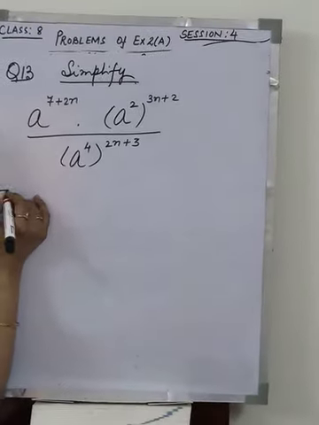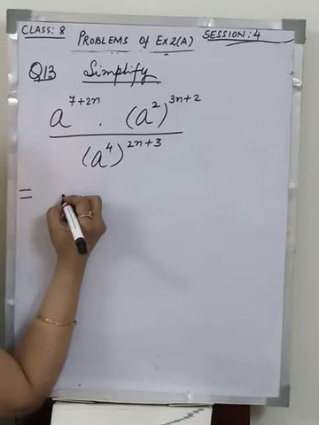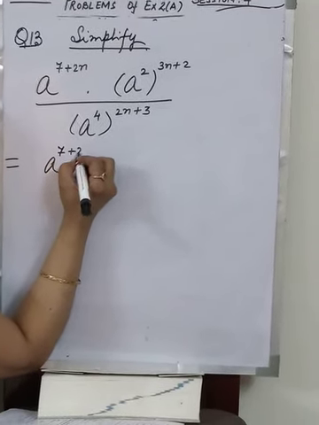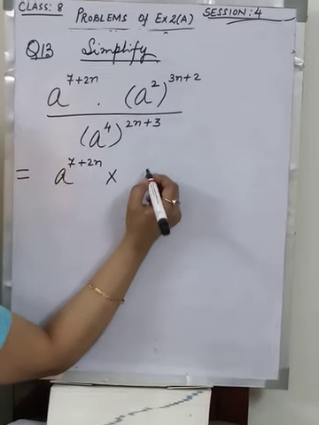This is the question given to us. Whenever we have power on power, firstly we multiply the powers. So I write the first term as it is, a to the power 7 plus 2n. Dot symbolizes multiplication, so I replaced it with the multiplication.